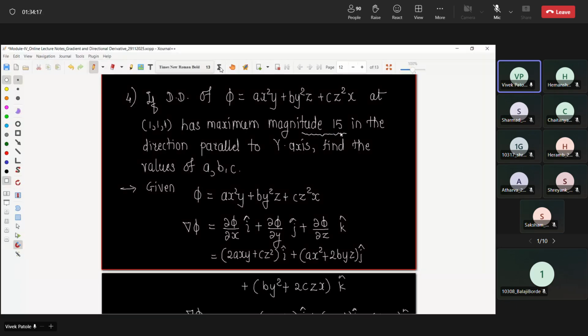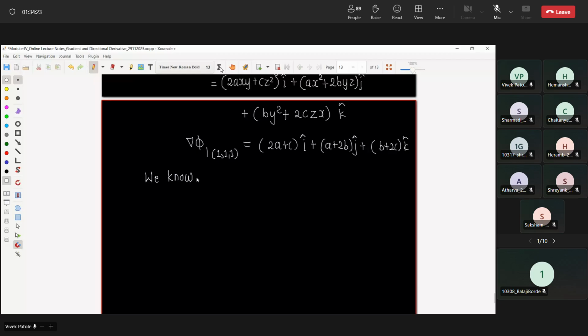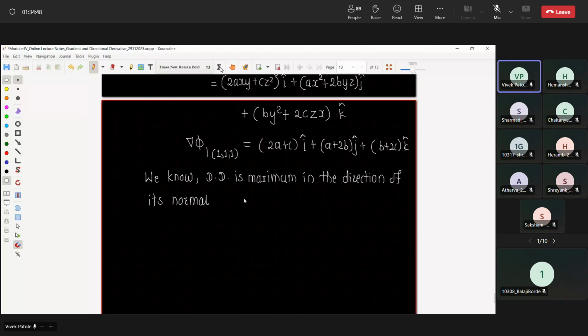Maximum magnitude is 15. What do we know? We know the directional derivative is maximum in the direction of its normal, right? That is what I should add.